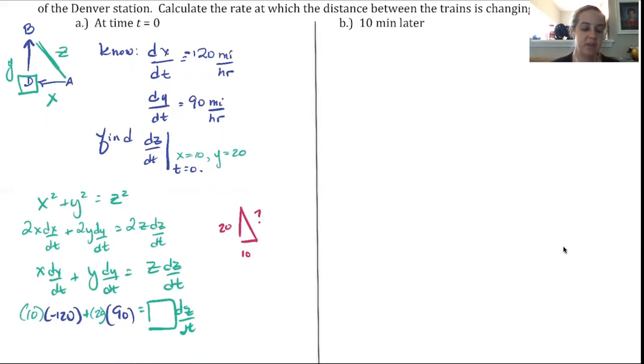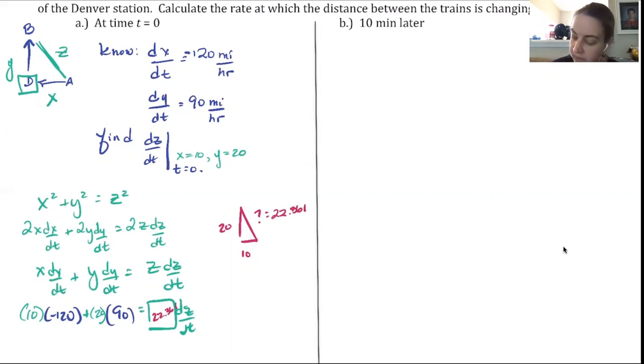And I have 500. The square root of 500 is 22.361. So through the magic of calculators, I'm going to say 10 times negative 120 plus 20 times 90, and divide all of that by what we just had.